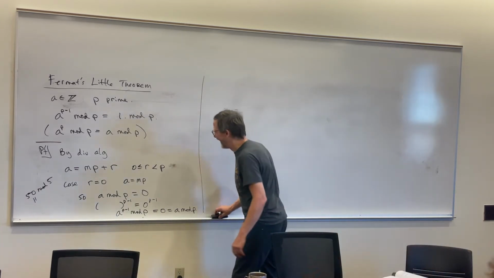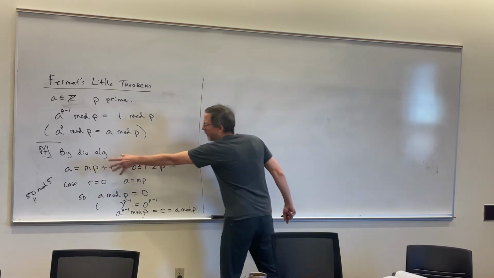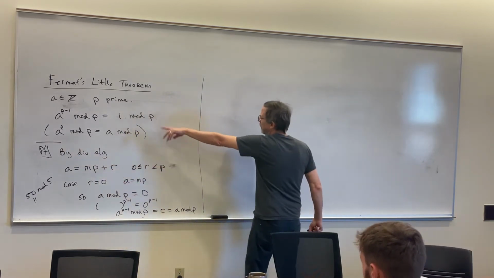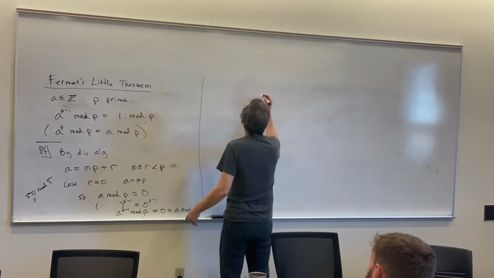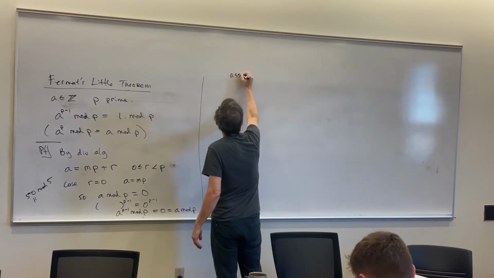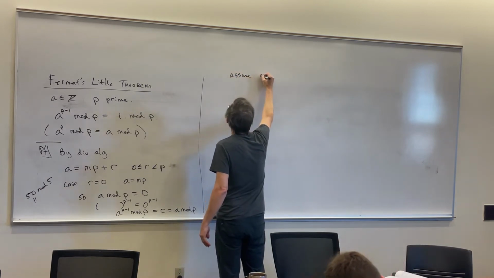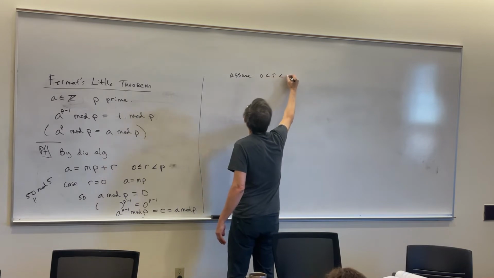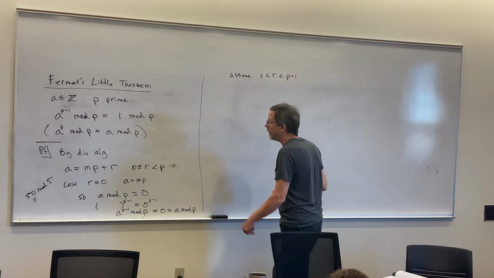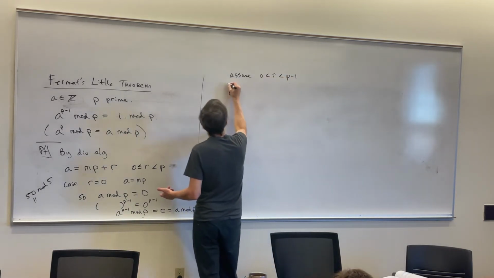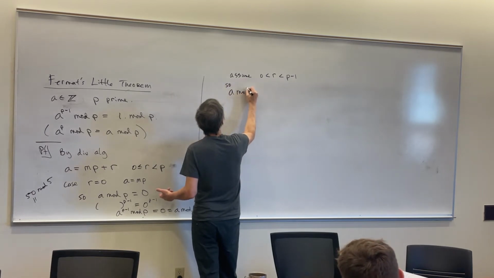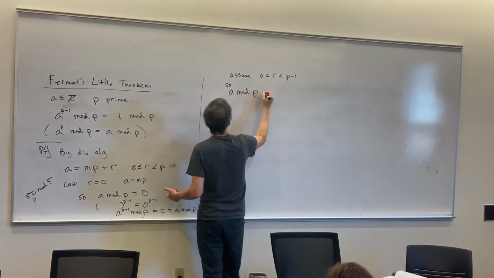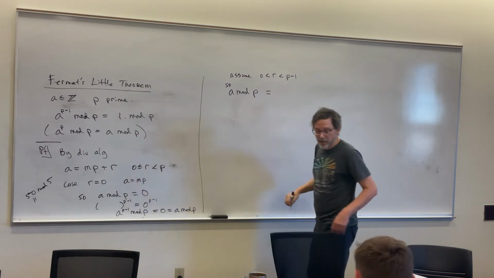Exactly. So if the remainder's 0, this is trivial because both these sides are 0. So let's assume that r is not 0. So we're going to take r between 0 and p minus 1. So what would that mean about this? So a mod p, what is that going to equal?